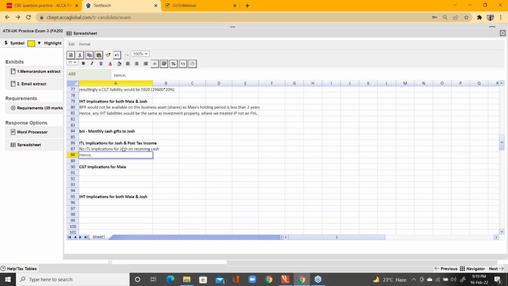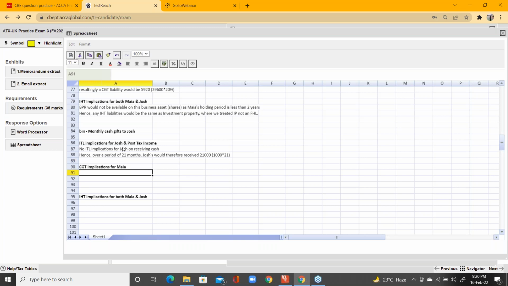Hence, over a period of 21 months, Josh would therefore receive 21,000. How? 1,000 each month for a total period of 21 months. So resultingly, he is getting 21,000 over a period of 21 months, and there is no income tax liability on the gift received each month.